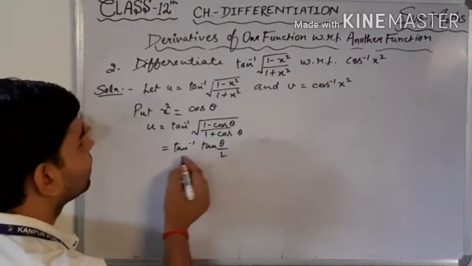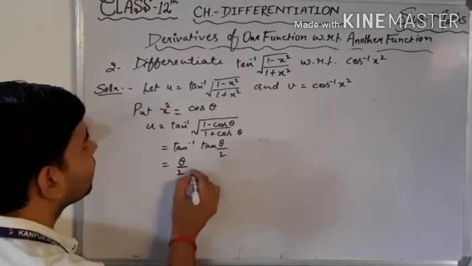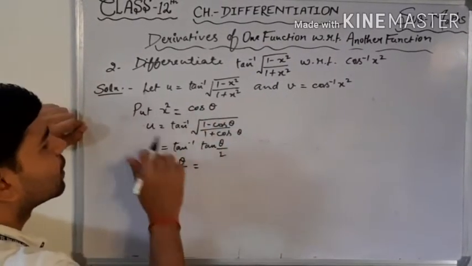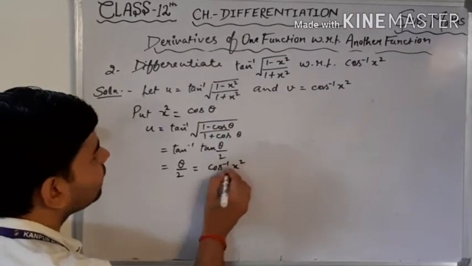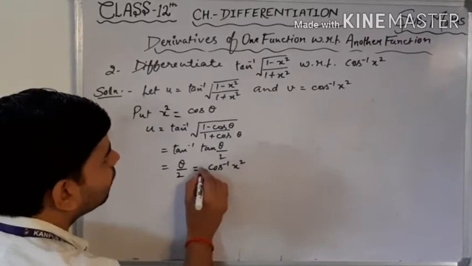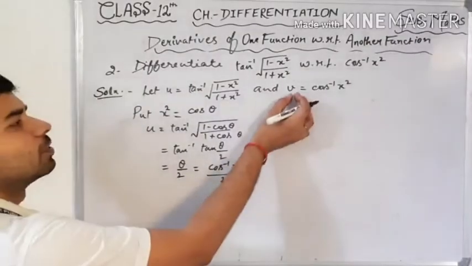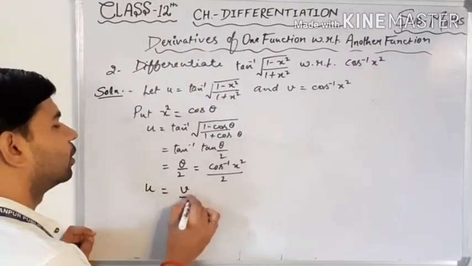This is tan inverse and this is tan. They will cancel each other. The remaining part is theta by 2, where the value of theta is cos inverse x square. So this is cos inverse x square upon 2, and this equals v. So u equals v upon 2.